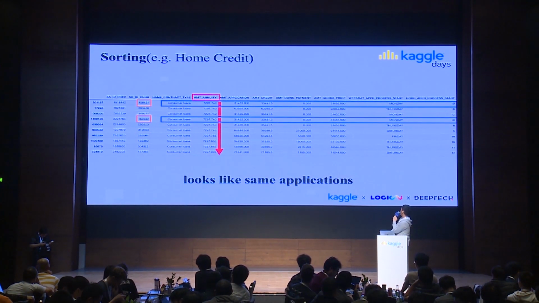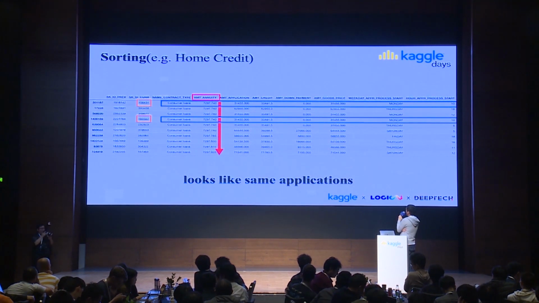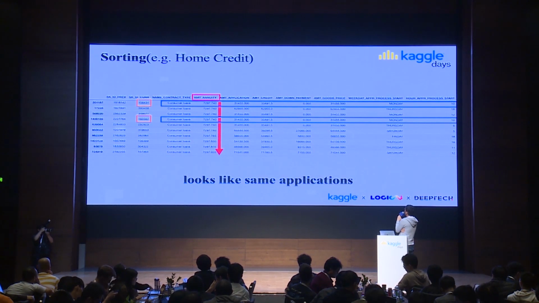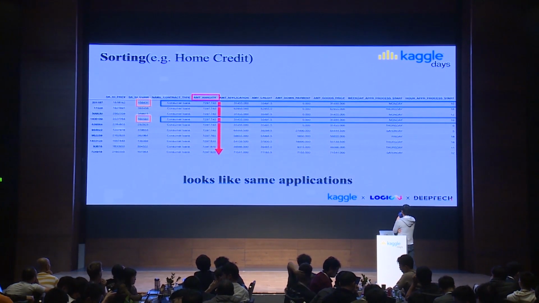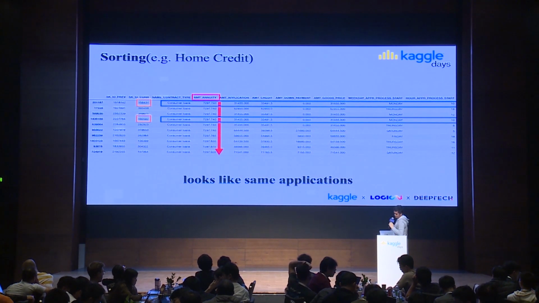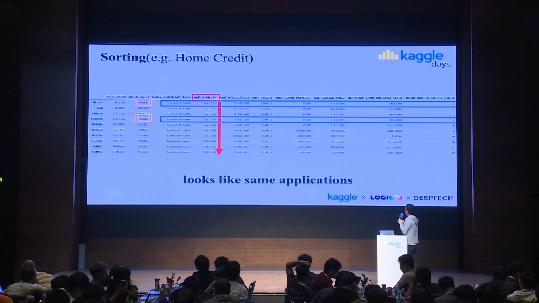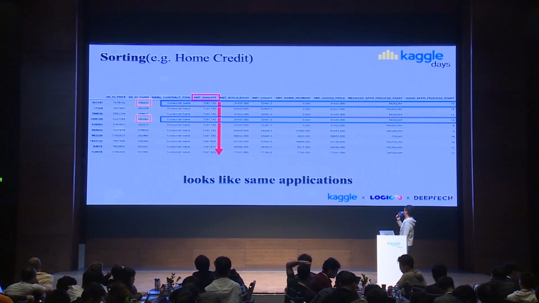I thought these applications were totally the same because annuity, application and credit are totally the same. Also, the goods price and process start time are totally the same. But as I showed, the SK_ID is totally different.